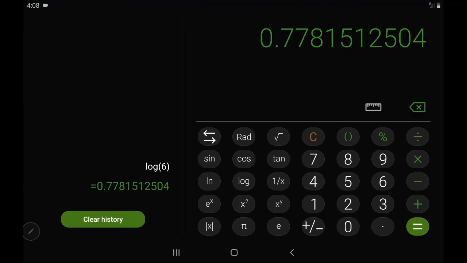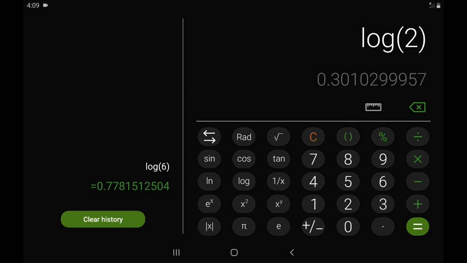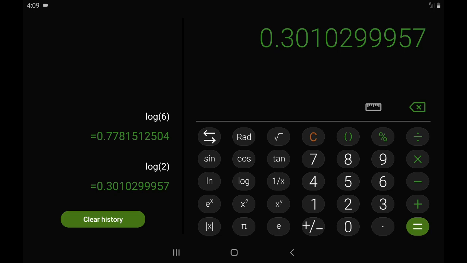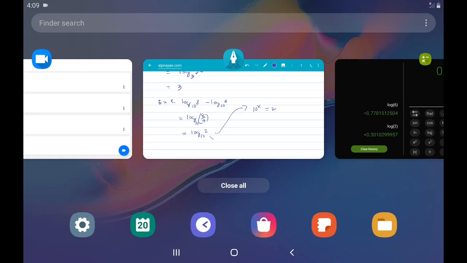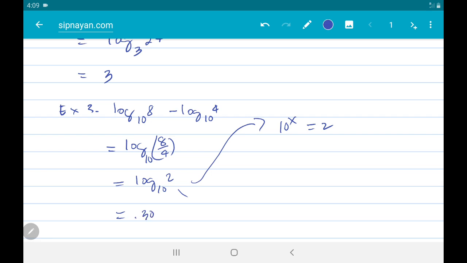By the way, yung calculator ninyo, naka-base 10 yan. So, clear natin, we have logarithm of 2. Okay? So, 0.3010. Meaning, this is equal to 0.3010.